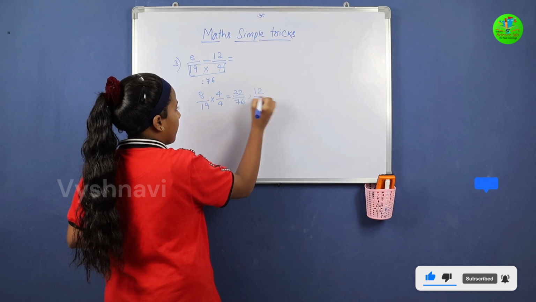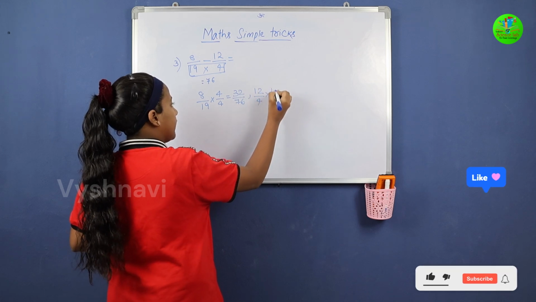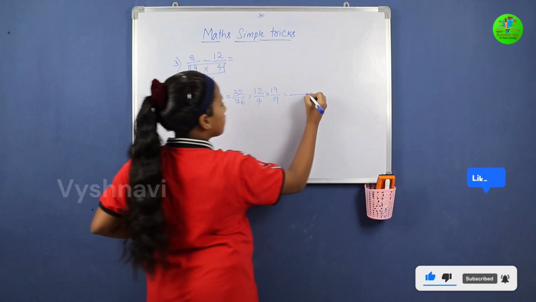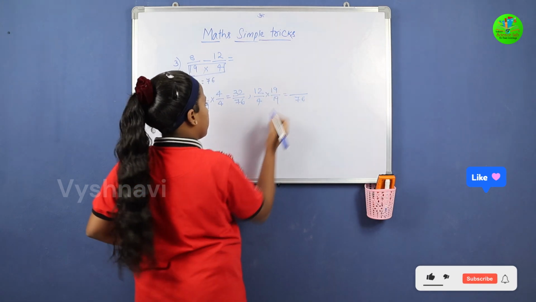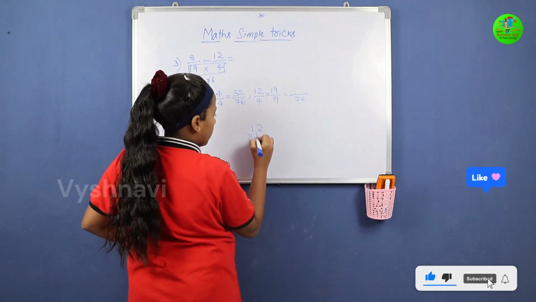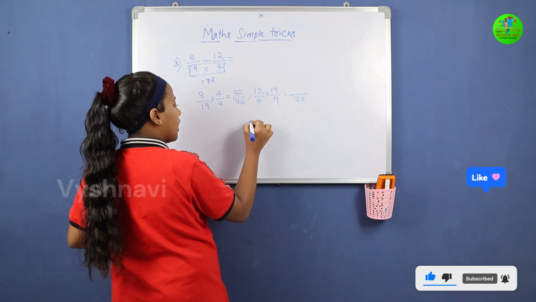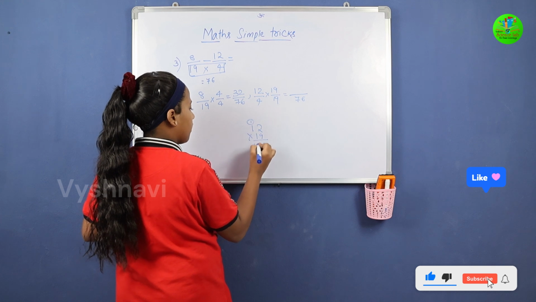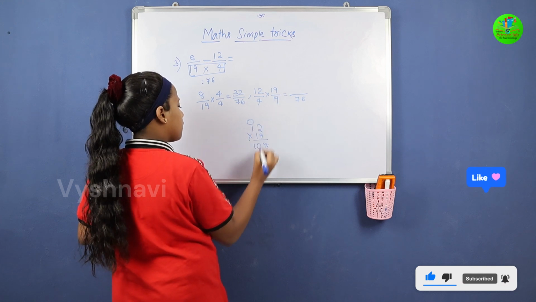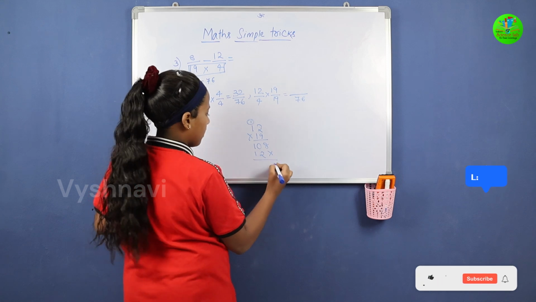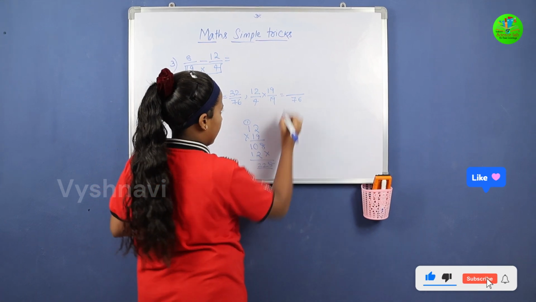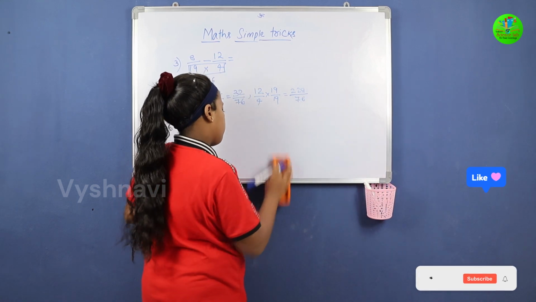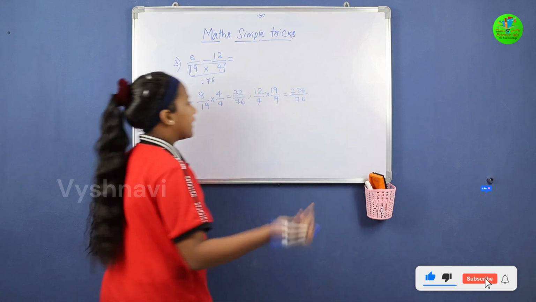Then we should check. 18 by 19 into 4 by 4 is equal to 32 by 76. And here 12 by 4 into 19 by 19 is equal to 228 by 76. We will do this. 9 2s are 18. 9 1s are 9 plus 1, 10. 1 2s are 2 and 1 1s are 1. 228 by 76.